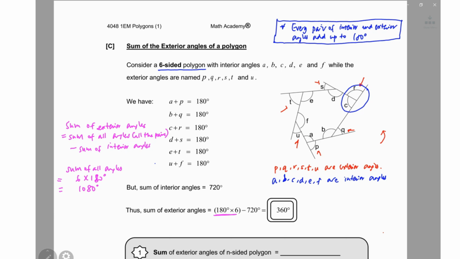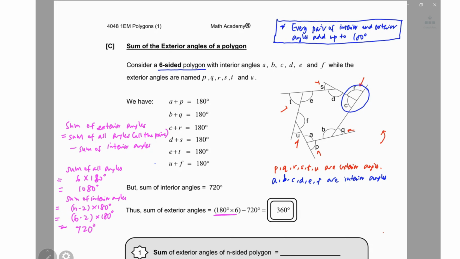Now the sum of interior angles. This is a six-sided polygon, so you need to take this formula, n minus 2 times 180, and your n is 6, so take 6 minus 2 times 180. You will get 720, so take 4 times 180.